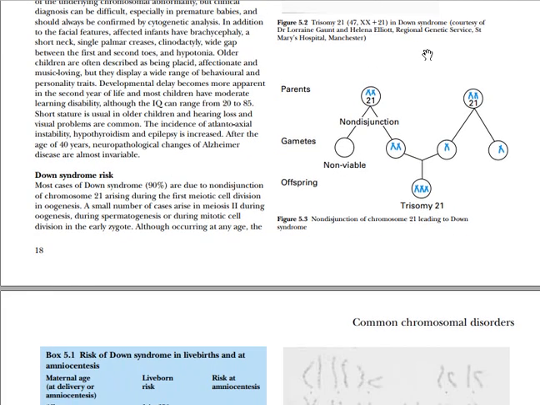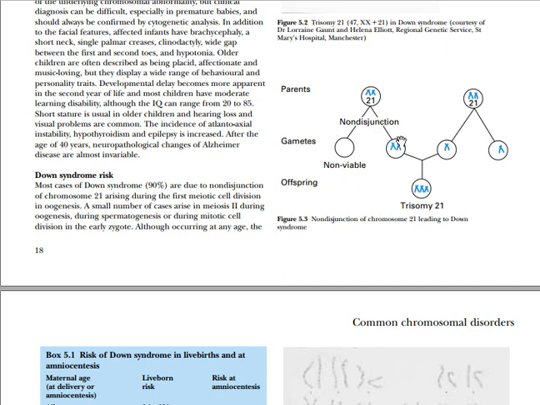So now this is how trisomy 21 is produced. Usually trisomy 21 is produced when the maternal age is greater than 35 years. Is it clear? So you have a mother and a father. Usually non-disjunction occurs at the level of the mother's chromosomes.